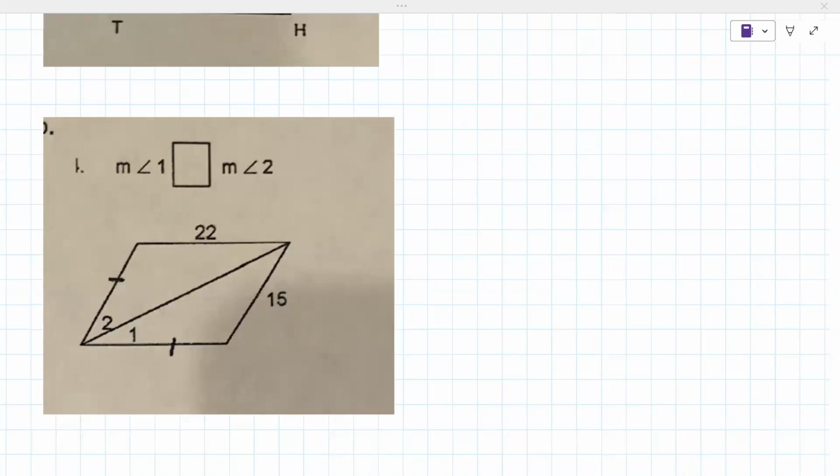Measure of angle one is less than measure of angle two. Very good. Excellent. Okay. So chugging through this pretty well. All of these are the hinge theorem.